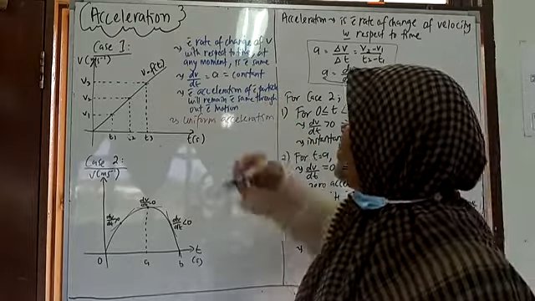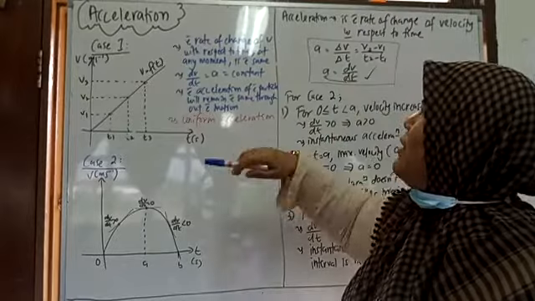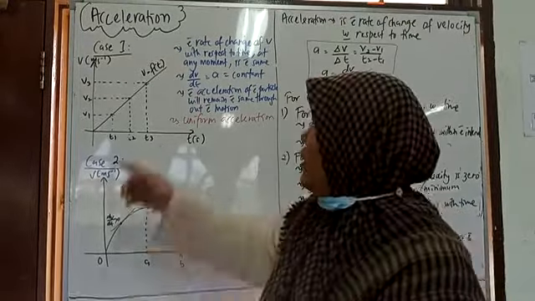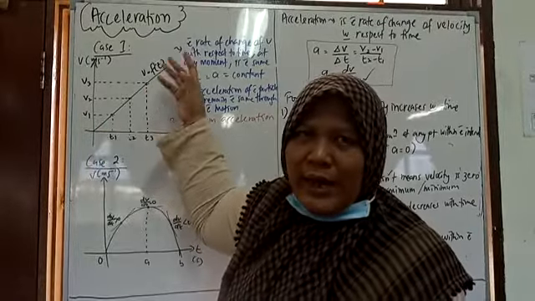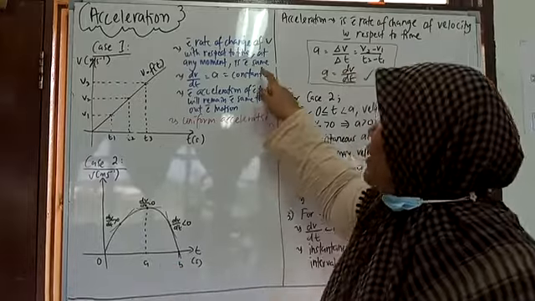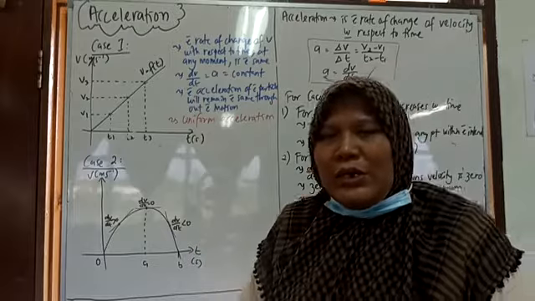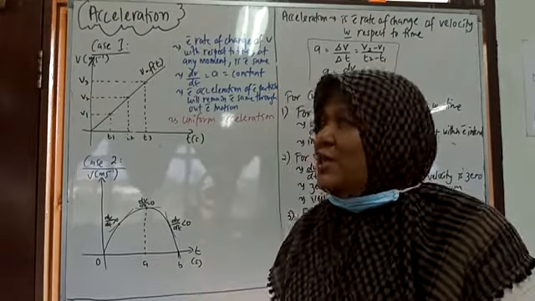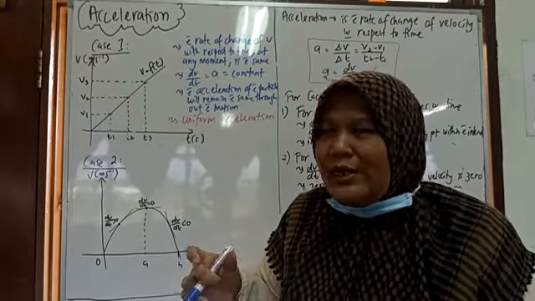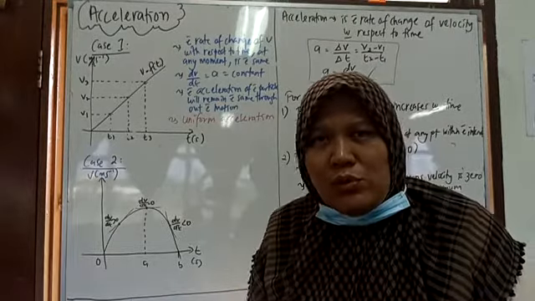So in case 1, the rate of change of velocity with respect to time at any moment will be the same. Why? Because all of the points on the same straight line will have the same gradient. So we can say that dv/dt, which is considered as acceleration, will remain a constant value. Let's say a equals 7, or a equals -2.